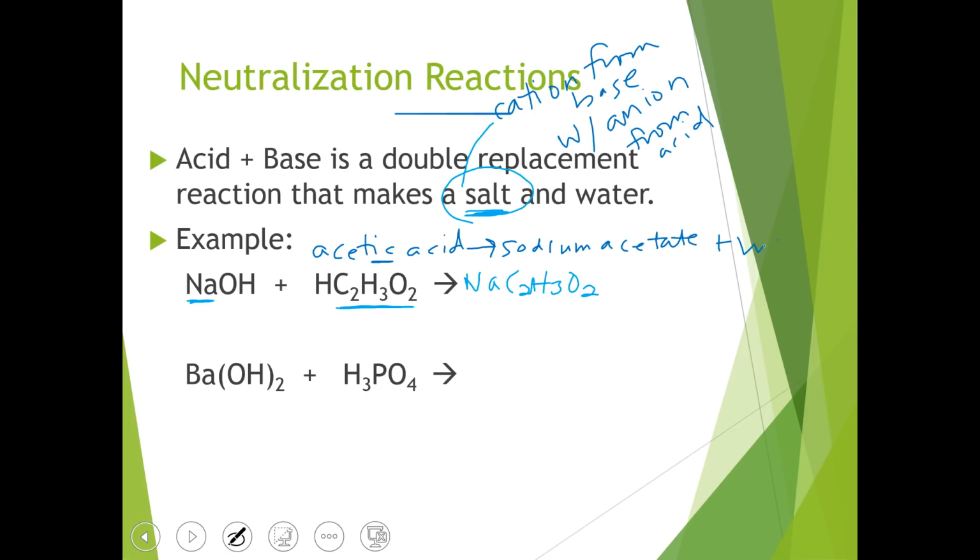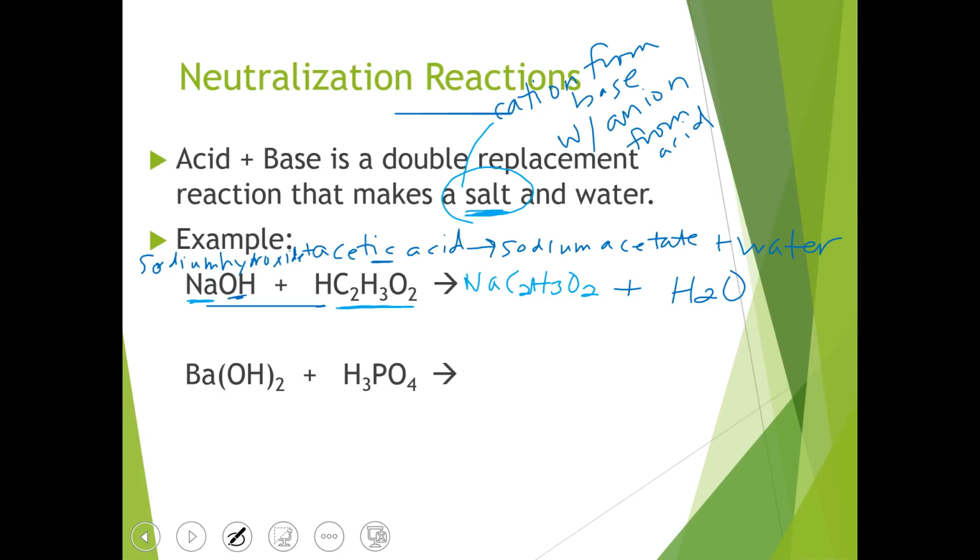And the other product is just going to be water, because when you put the H with the OH, HOH, that's just water. And our base here was sodium hydroxide. So you have sodium hydroxide plus acetic acid gives you sodium acetate and water.